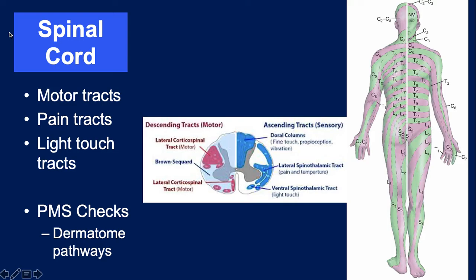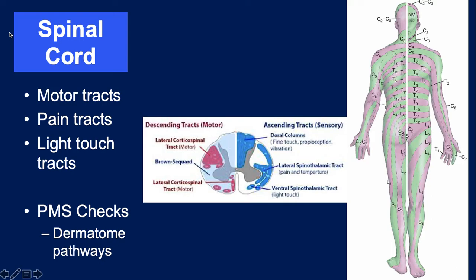The reason why we stress good, effective PMS checks on patients who have had some kind of mechanism of injury, or that we suspect possible spinal injury, is because you can see from this picture that there are motor pathways, there's light touch pathways, and then there's pain pathways. And when someone has a spinal column or a spinal cord injury, they might only affect one of these pathways.